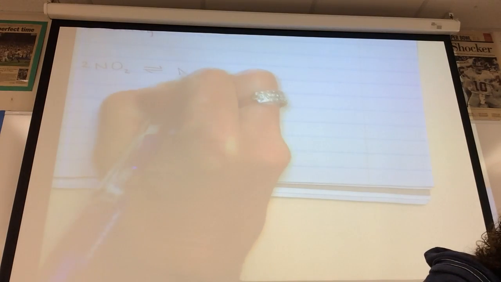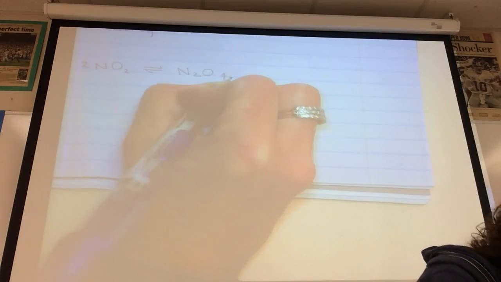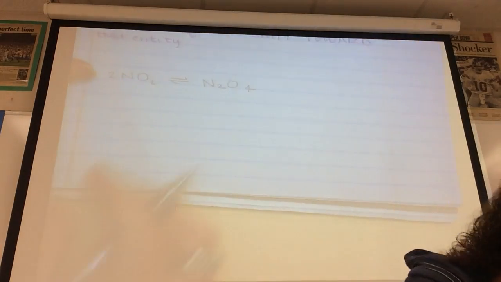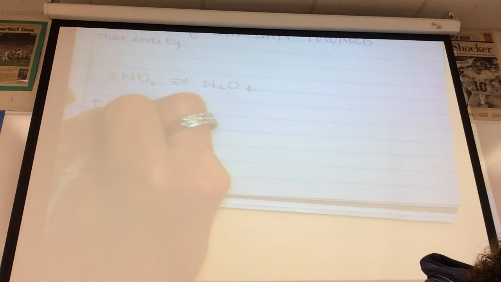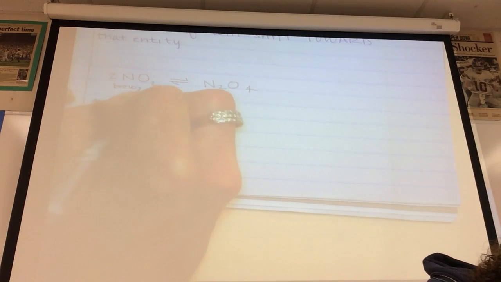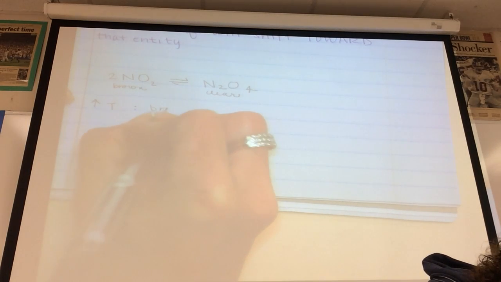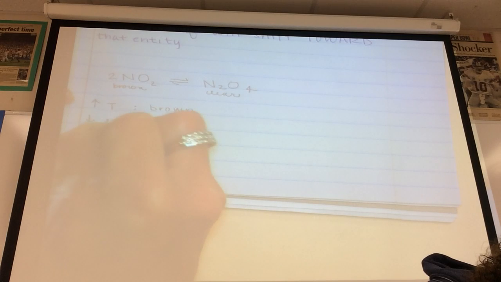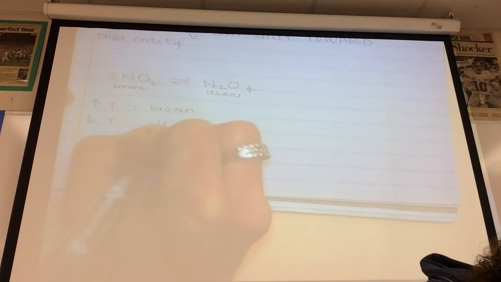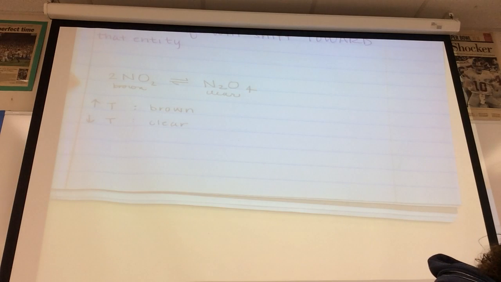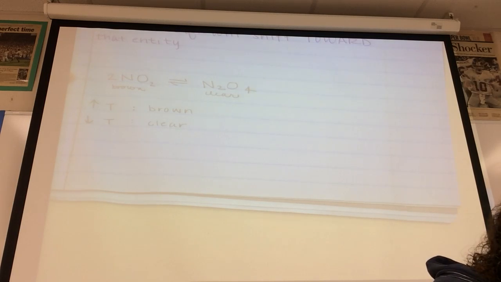This was one of the first things we looked at in this chapter. When we increase the temperature, we saw the brown color. And when we decrease the temperature, we saw clear. Is this reaction endo or exothermic, and why? And this is what your lab will go into.